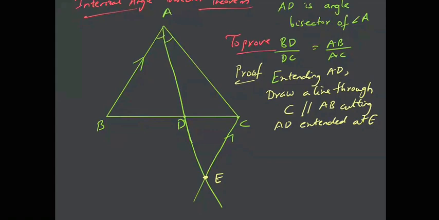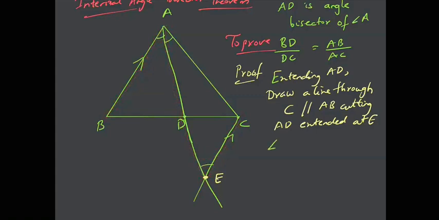Now let us try to observe the similar triangles in the given figure. Angle BAD is equal to angle DAC because AD is the angle bisector, and if you see that the lines BA and EC are parallel and AE is the transversal, then this angle would be equal to this angle because these are alternate interior angles.